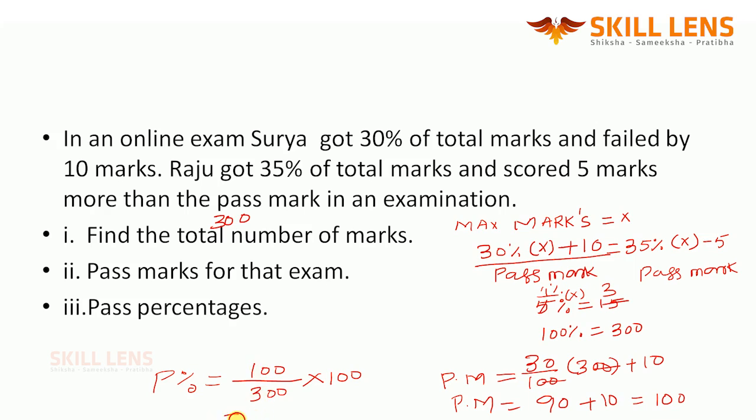From our second lecture, 1 by 3 is 33.33%. Then the pass percentage is 33.33. Pass marks are 100 and total marks are 300. So this is the traditional way of solving.